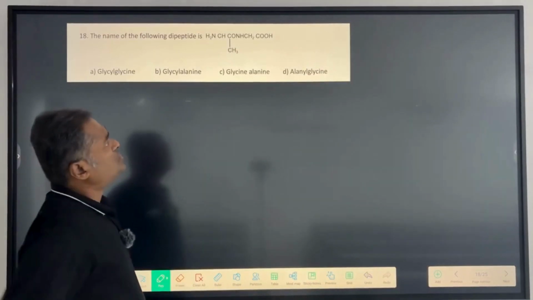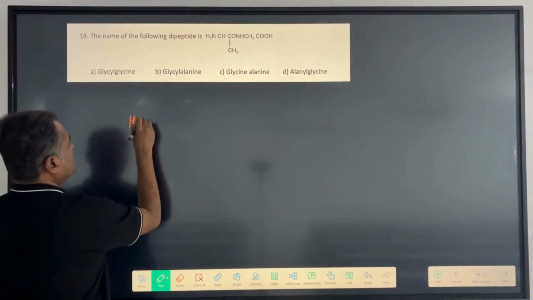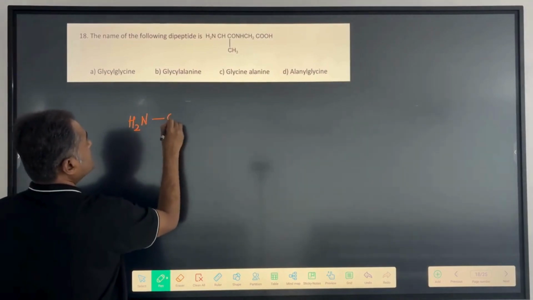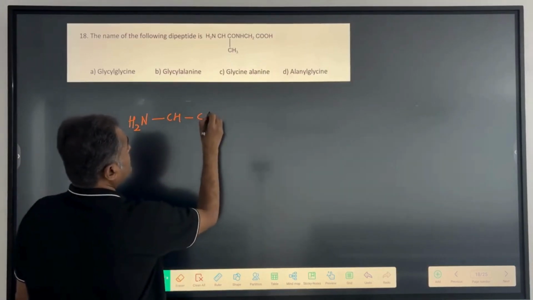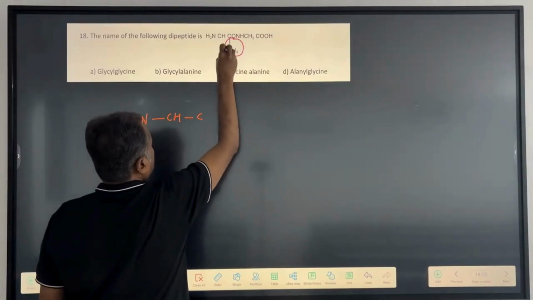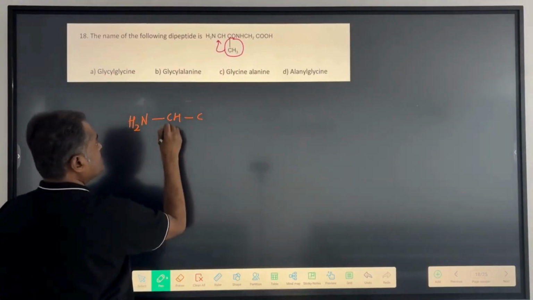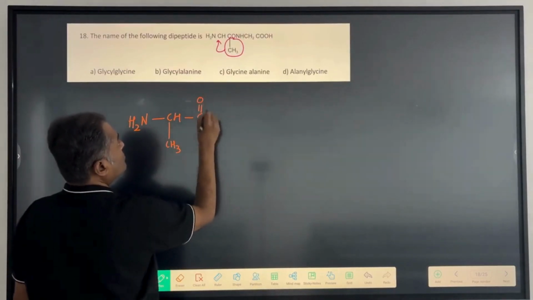Now here, the example you can see, I'll just write it over here as NH2 CHC. Now over here there is a methyl group which has to be here, so I'll put CH3. This is a carbonyl group.